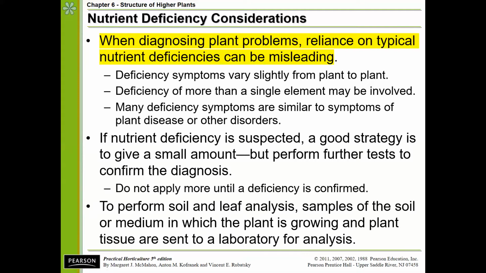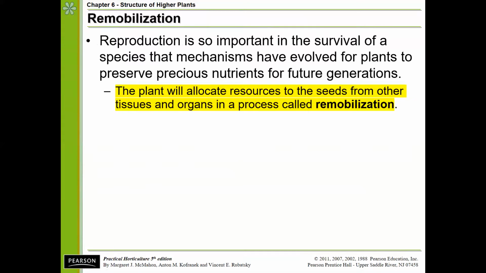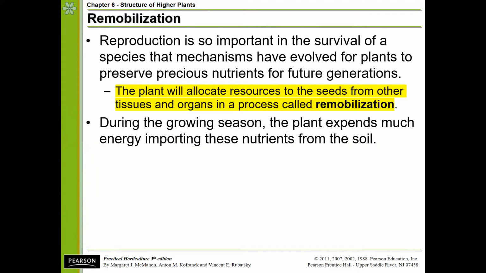So performing tissue analysis, or just trying to correct one nutrient at a time at a small amount on a test population, is a good idea to really see what was deficient. And that's, again, due to the remobilization of nutrients. They're always going to be putting that, if it is a mobile nutrient anyway, into reproductive tissues.